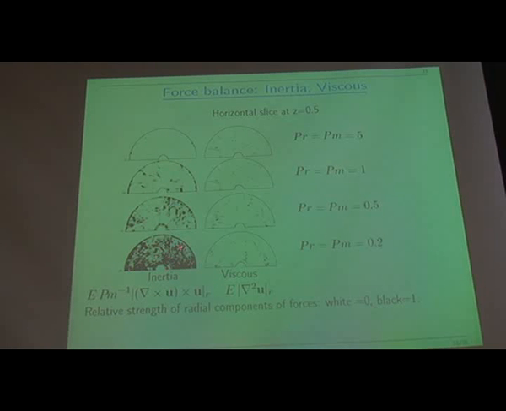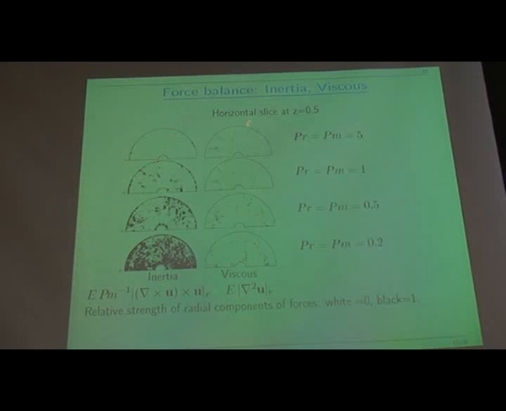It's taken over the role of the Lorentz force, so essentially the Lorentz forces are being replaced in the inertial regime by u dot grad u, and things are going down the inertial route. Viscous dissipation is important in these, whereas in the ones up here, the magnetic dissipation is more important.